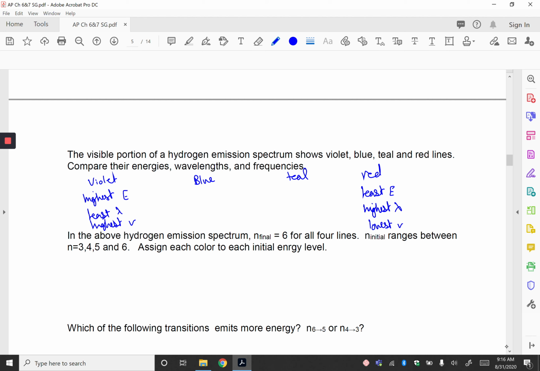Okay, so here it says, in the above hydrogen emission spectrum, N final is always equal to 6 for all four lines. So that means that when they fall down, the N final is always 6. The N initial ranges between N equals 3, N equals 4, N equals 5, and N equals 6. Assign each color to each initial energy level.